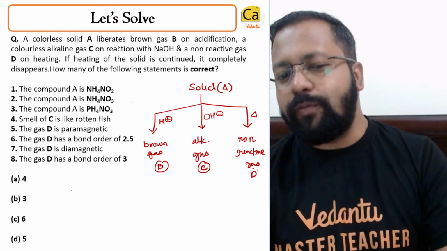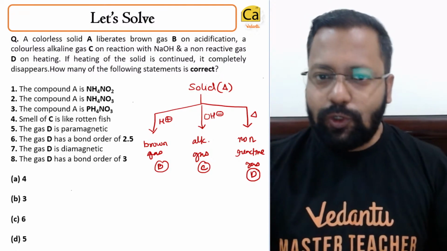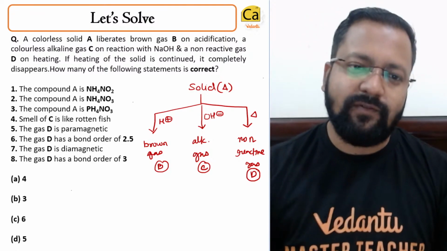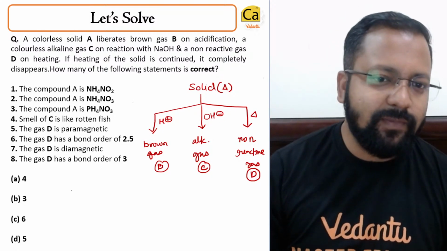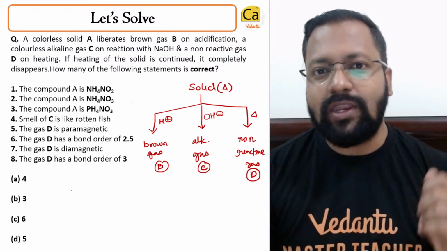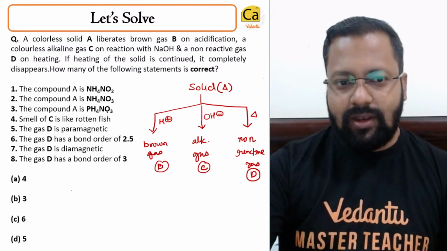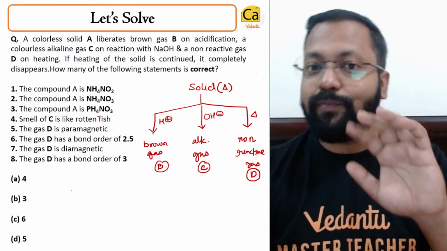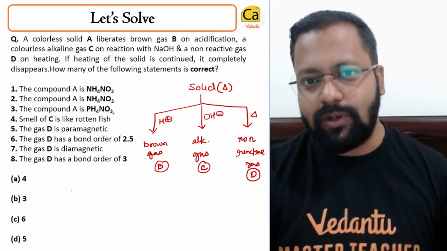Now there could be so many different types of compounds which can give this test, but we need to go and dig into the options which are given. So compound A के लिए हमारे पास 3 ऑप्शन प्रेजेंट हैं. अमोनियम नाइट्रेट एंड फॉस्फोनियम नाइट्रेट. पहले तो हमें यह समझ लेना होगा कि कौन सा पॉसिबल नहीं है. फॉस्फोनियम नाइट्रेट इज नॉट पॉसिबल.